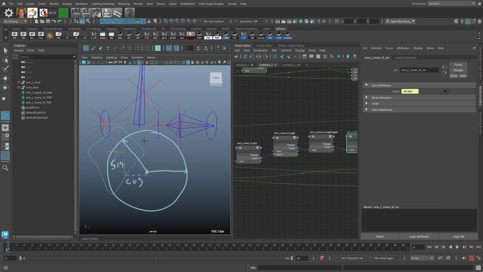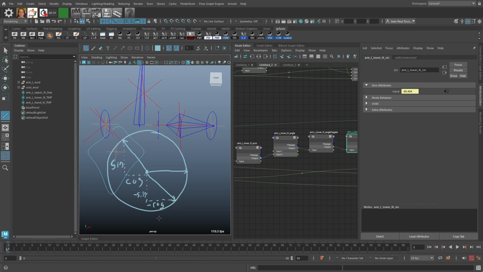So what happens when we subtract 180 from this angle, or rotate it 180 degrees, we end up with a rotation vector that's here. And what that basically does is just say, okay, take the cosine and negate it, and take the sine and negate it as well. So if we take the negative sine and the negative cosine, we end up right here.